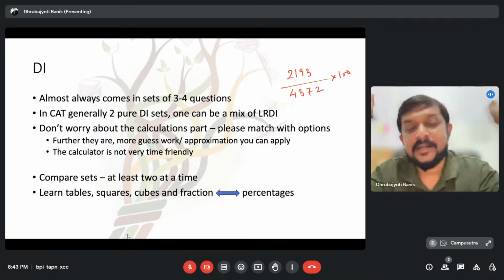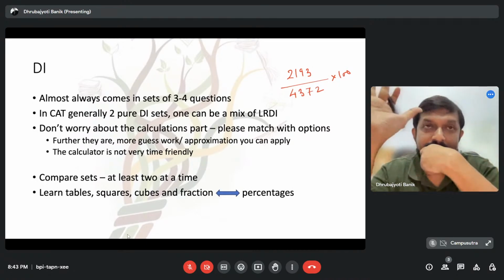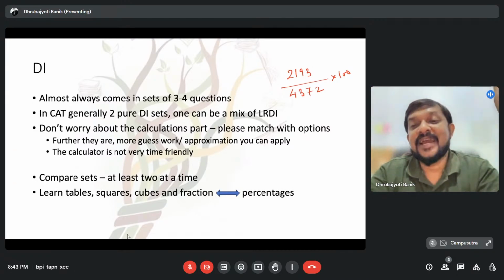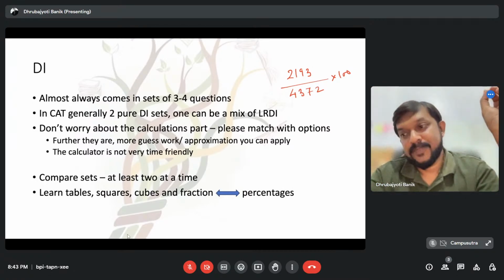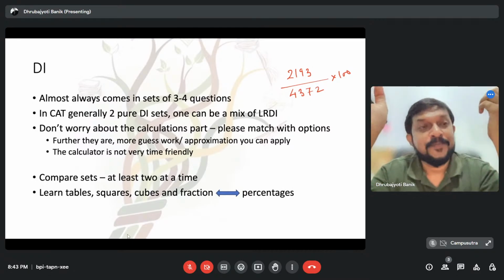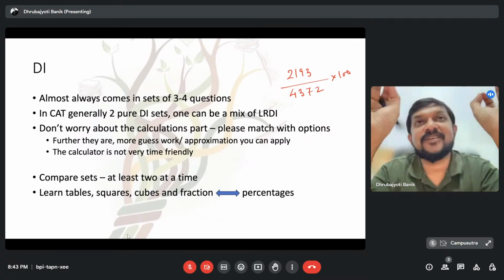All I am fundamentally saying, please understand, is that you don't go into that precise calculation. It is a percentage calculation that needs to be done, I understand that, but you don't have to go into the preciseness of the calculation.